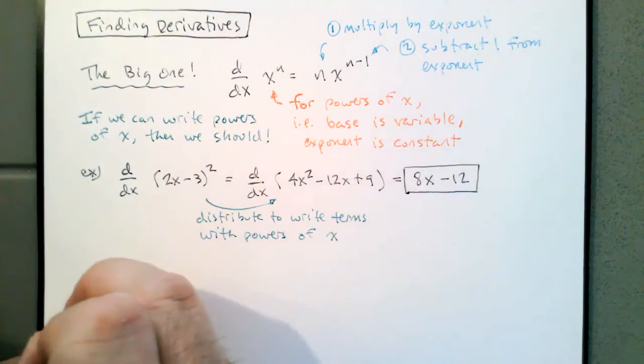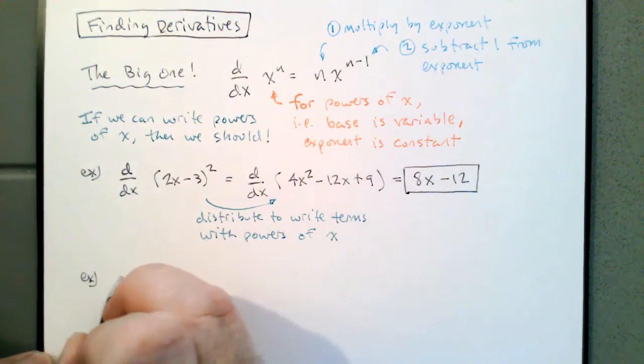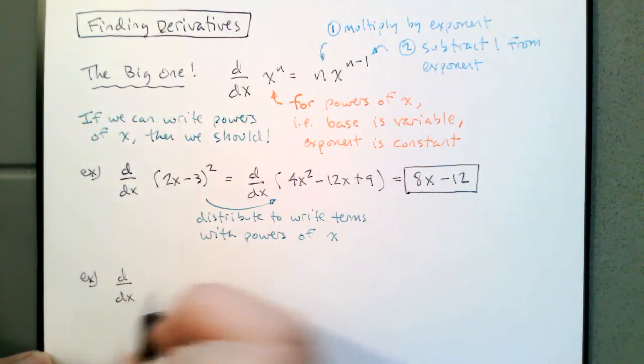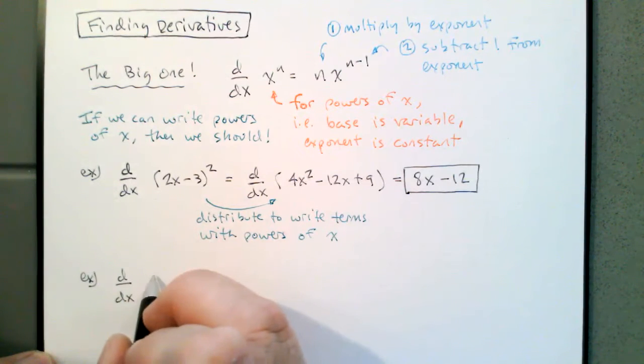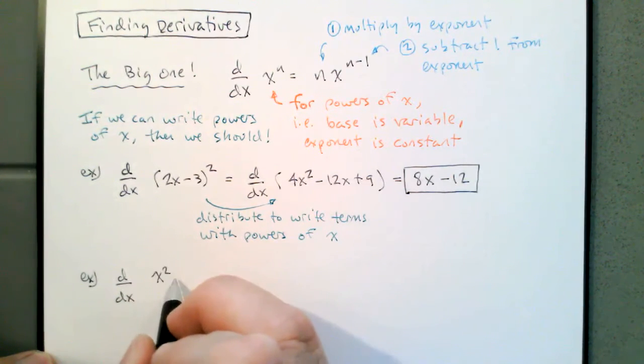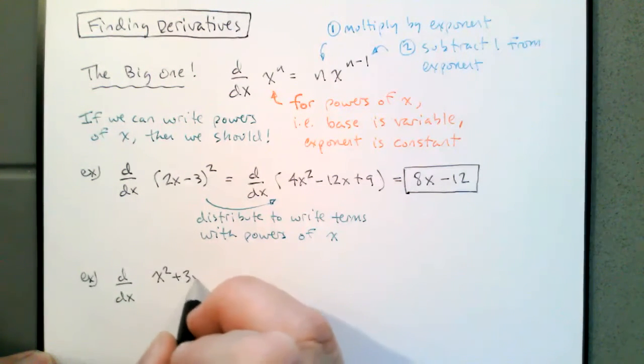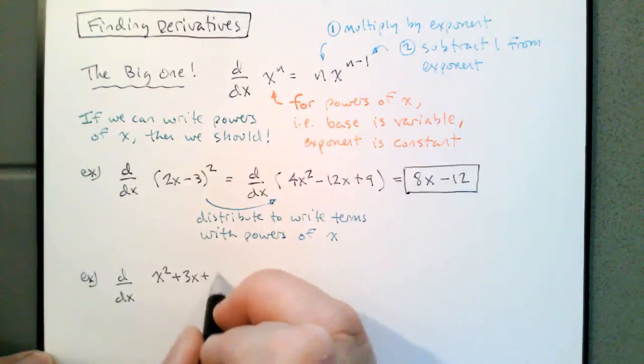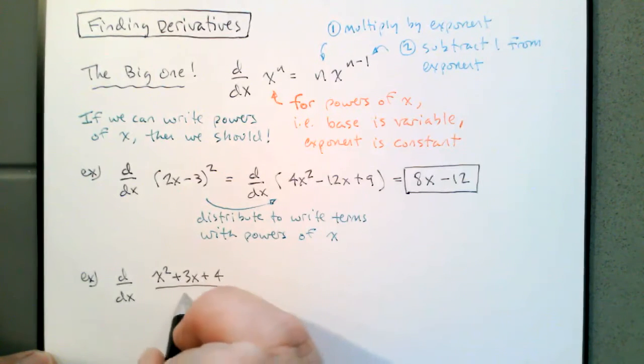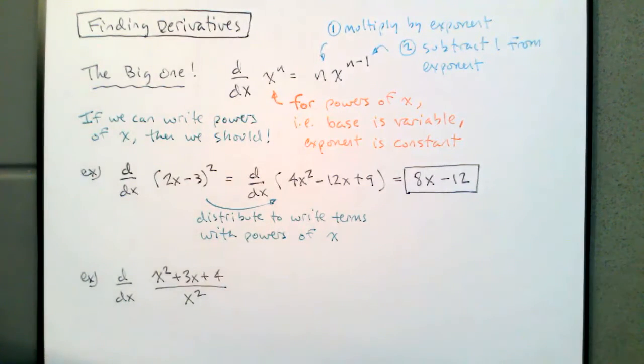So for example, if I want to take the derivative of, let's say, x squared plus 3x plus 4 divided by x squared. Right now, we don't have powers of x, but we can use the distributive property to write terms with powers of x.